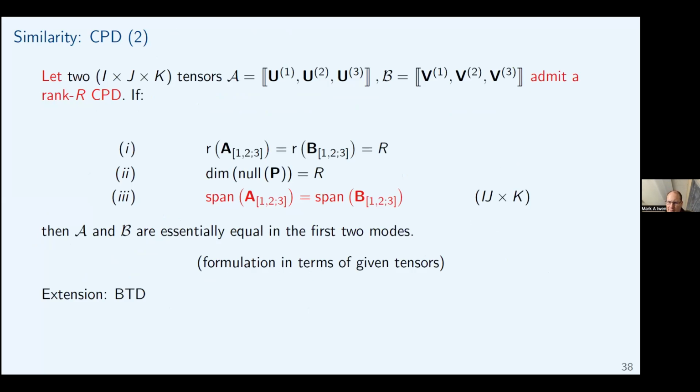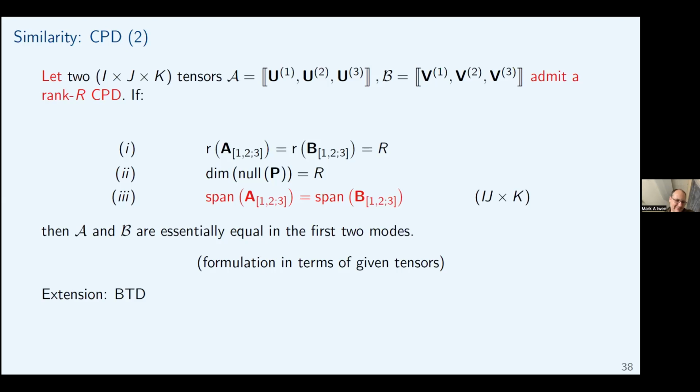Could I maybe use a re-engineered version of this as a test for being rank R? I would have to look up the details myself now. Okay. We wrote a paper a few years ago, and I can improvise, but I prefer not to do that. Okay. But I can look this up for you. Okay, that would be interesting.